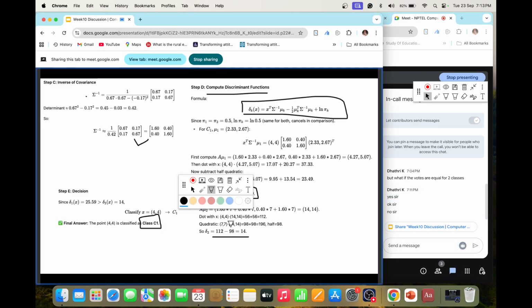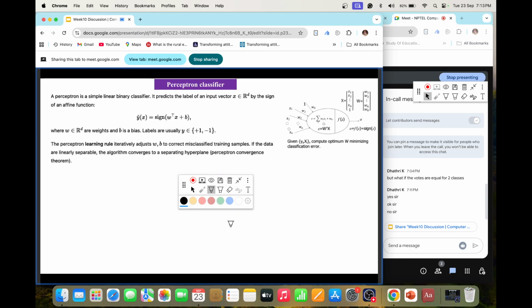And then we are left with this Perceptron classifier. So this is the figure for Perceptron classifier. We have all this x1 is nothing but a data point. And this weight matrix means for each input how much weight you are giving.